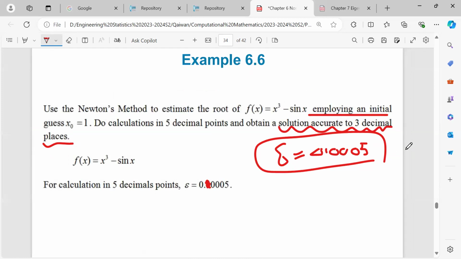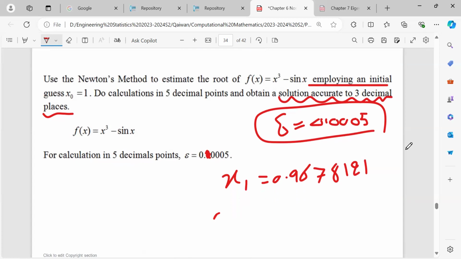Okay? For example, if you find two successive x values, let's say x1 to be 0.9678121, and x2 to be, how many decimal points do we have? 1, 2, 3, 4, 5. So we don't need to take the others. We need to write down 5 decimal points for our results.